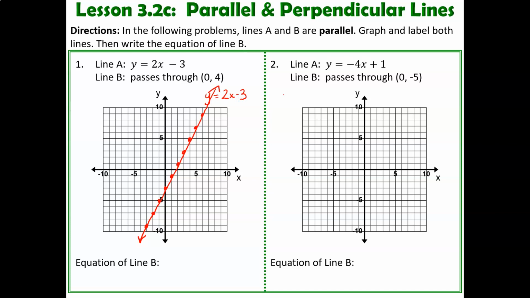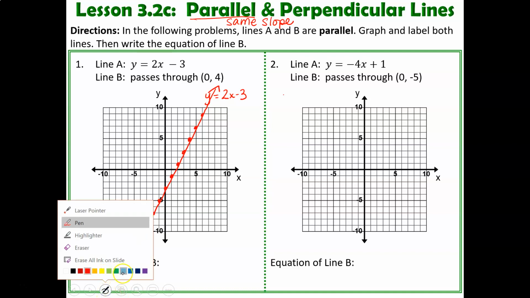So parallel means they're railroad tracks, which means they will have the same slope. Okay, so if lines are parallel, that means they have the same slope.